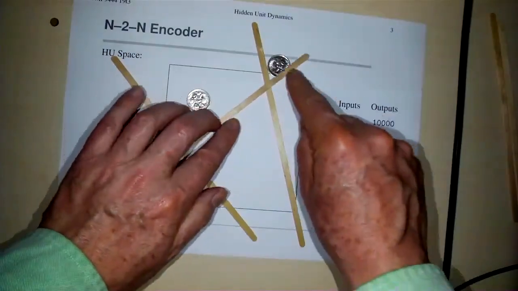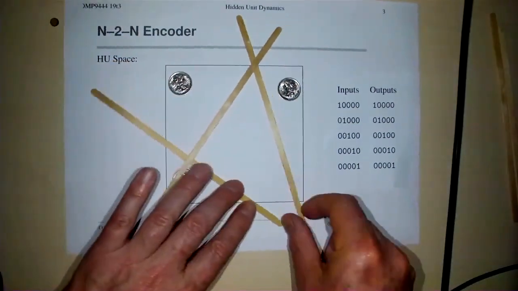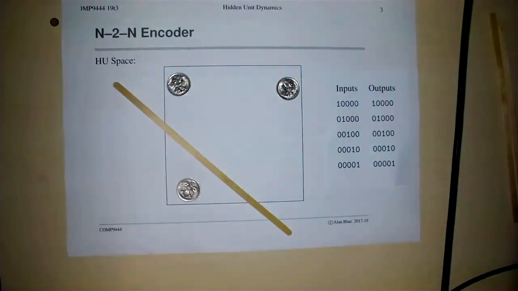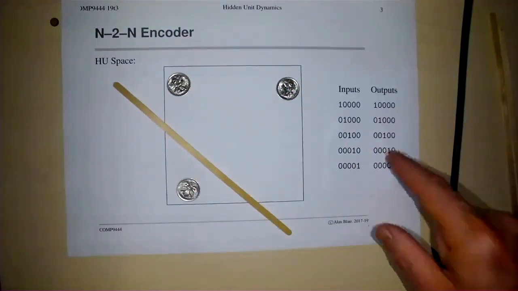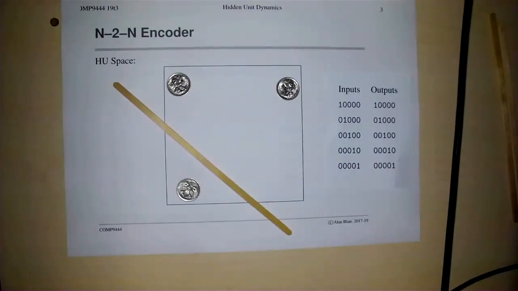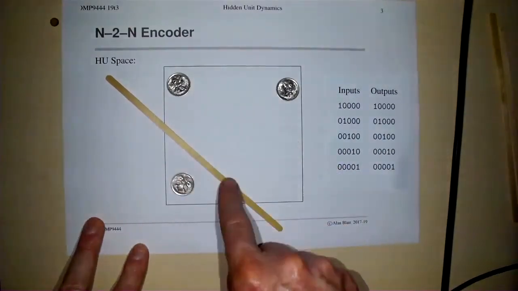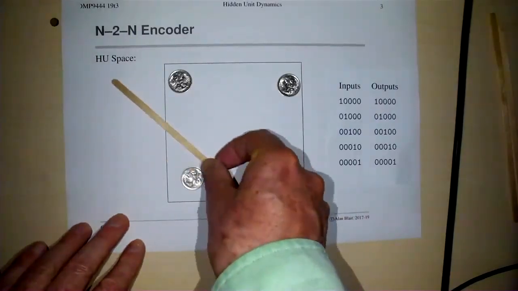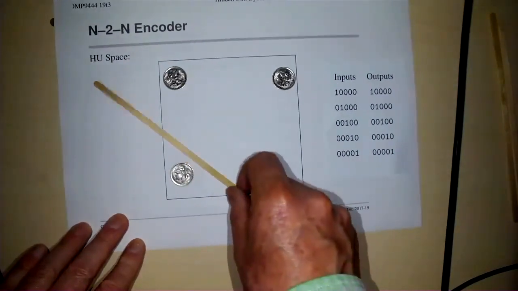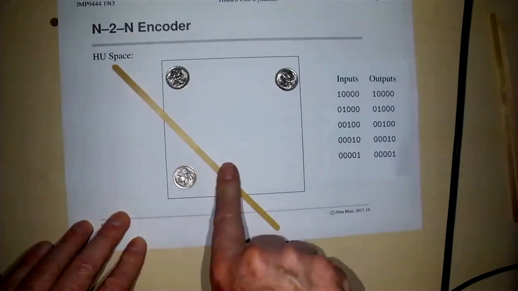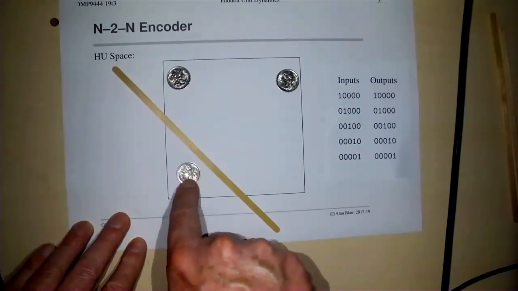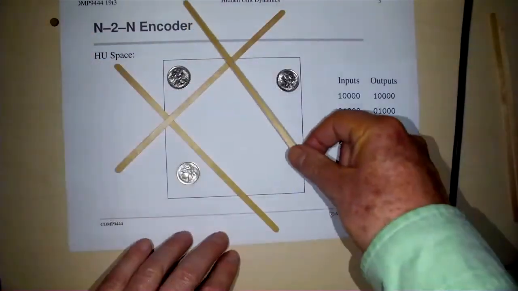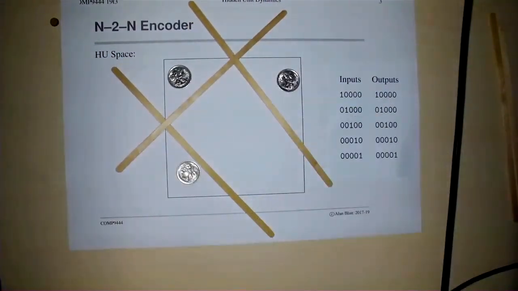It'll try to get into a configuration where, you see, the outputs are one hot as well as the inputs. So what should happen is each line should divide 1 point from the other points. This line should have the property that this point is on one side and the other points are on the other side. This should do the same for that point, and this should do the same for that point.